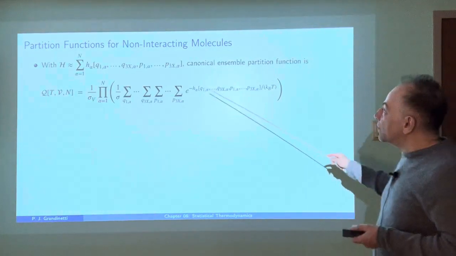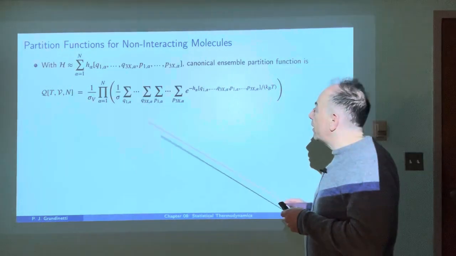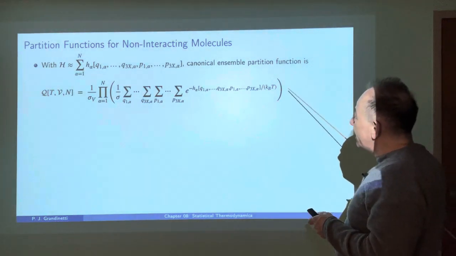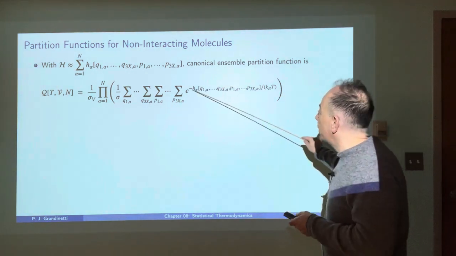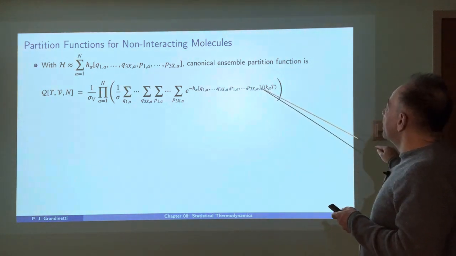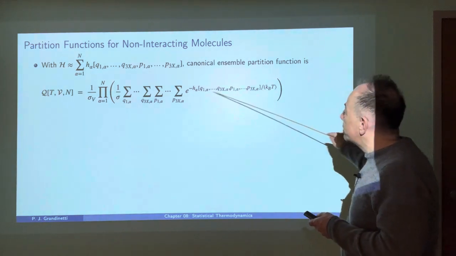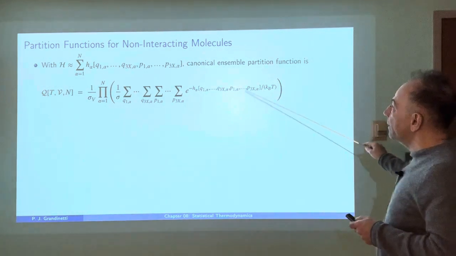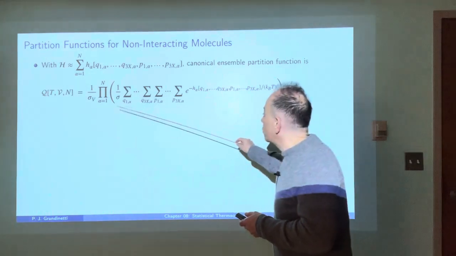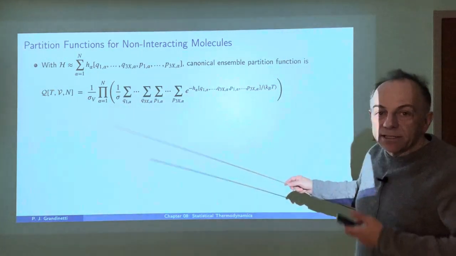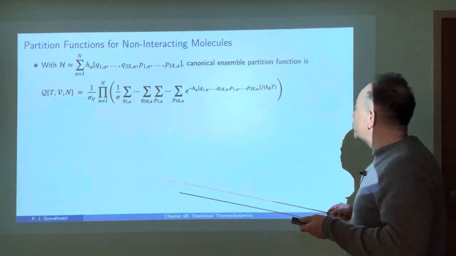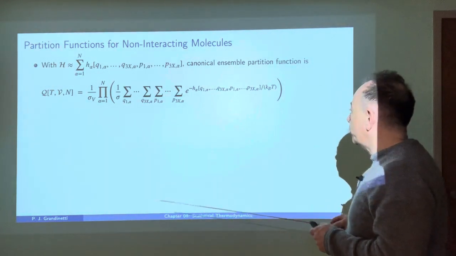Now, if we take that expression and plug it into our canonical ensemble partition function, then it looks like this. Remember, it's just the sum with the energy divided by k_B T. So for the energy, we substitute in the Hamiltonian to give us a partition function that's a function of all of the microscopic coordinates, the momenta and positions of our molecules.